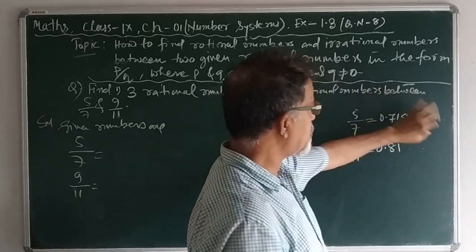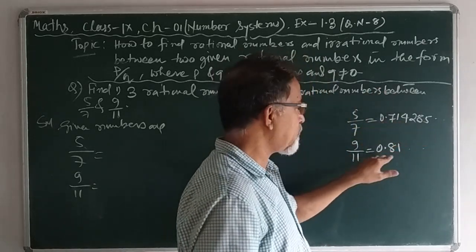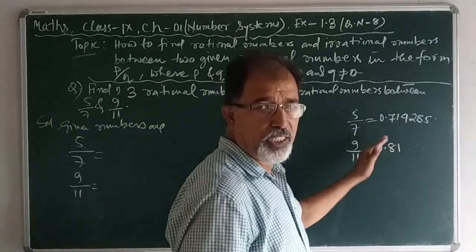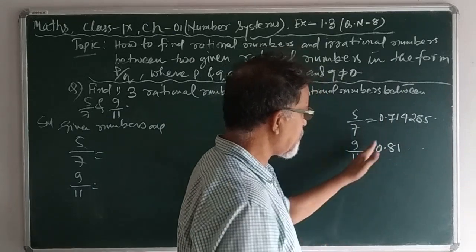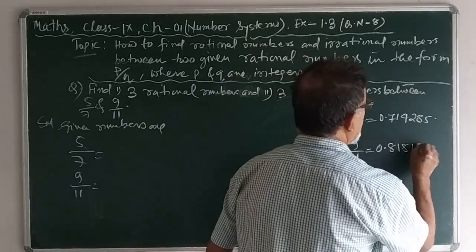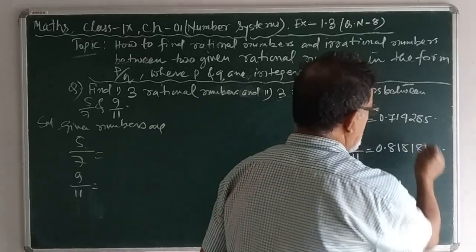Here there are 6 digits just after the decimal point, and here there are only 2 digits. We will make the same number of digits just after the decimal point, and to make them equal, we will write 81, 81 dot dot dot. Now they are equal.